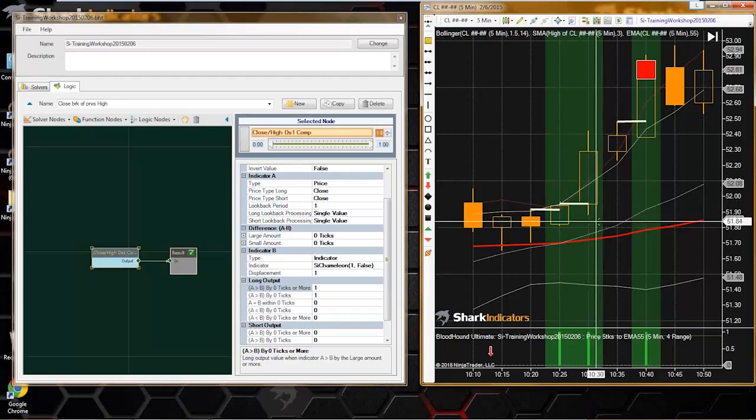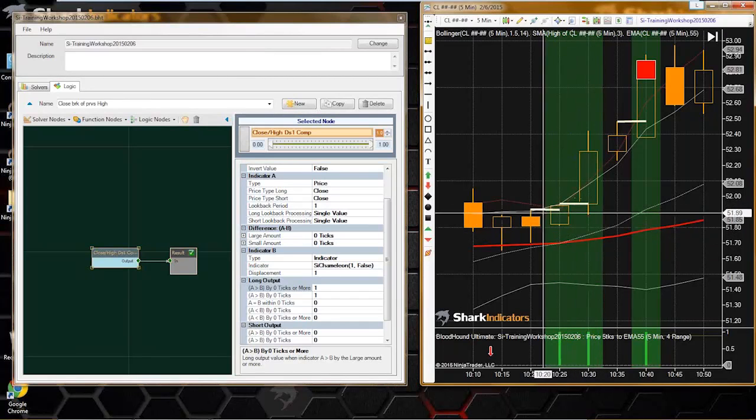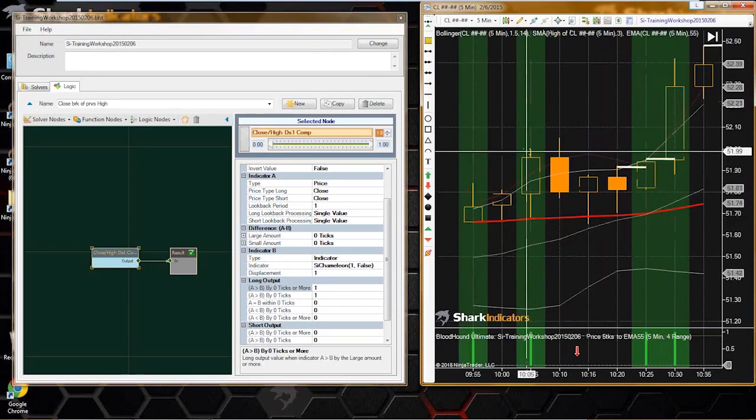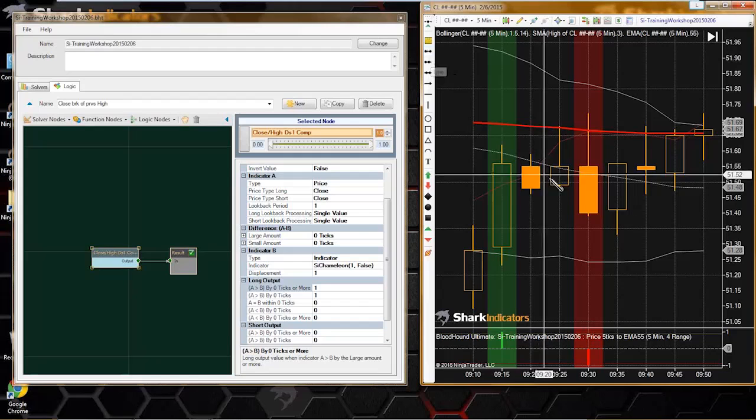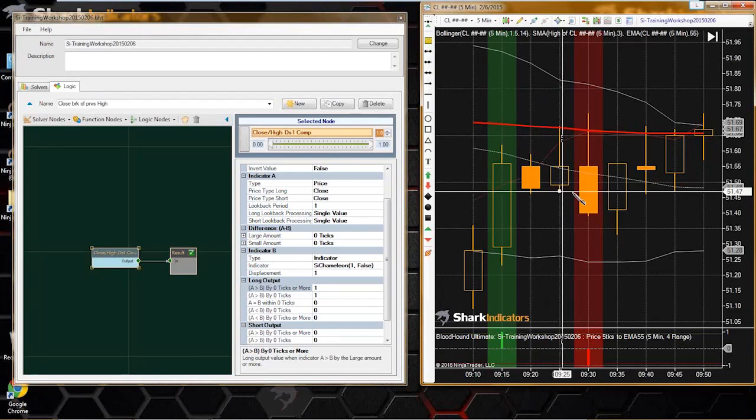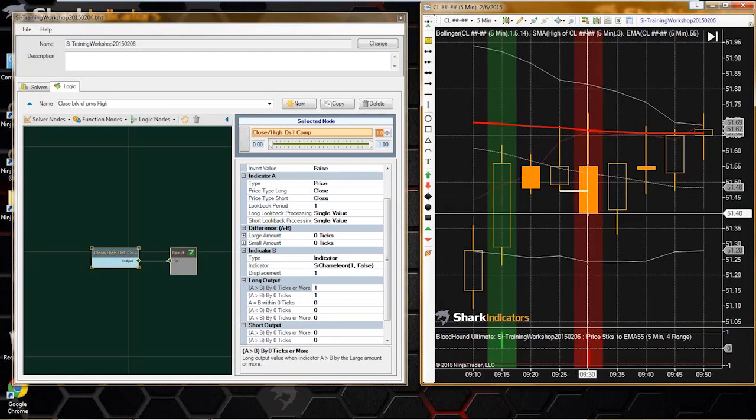Yep. All right, so there's a couple of closing prices breaking the high of the previous bar. And yeah, there we go. There's a short signal. All right, so the low, extend that. So we're taking the low price and extending it forward, and we can see the closing price broke below it.